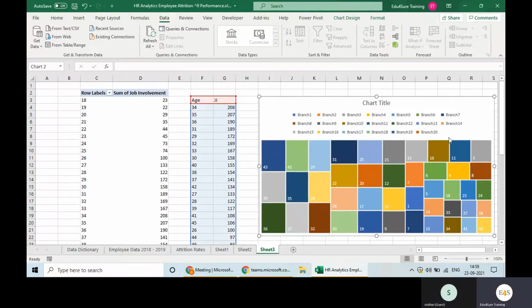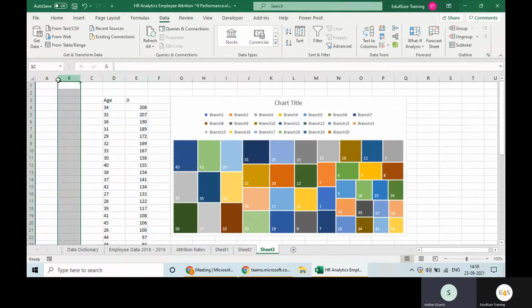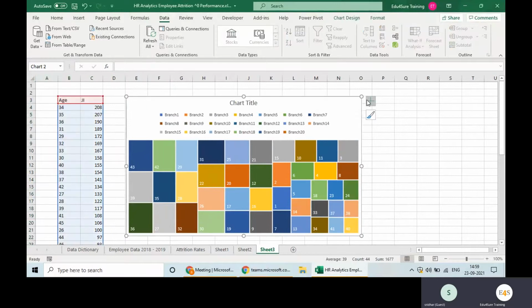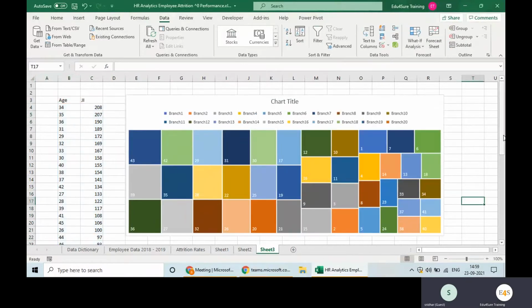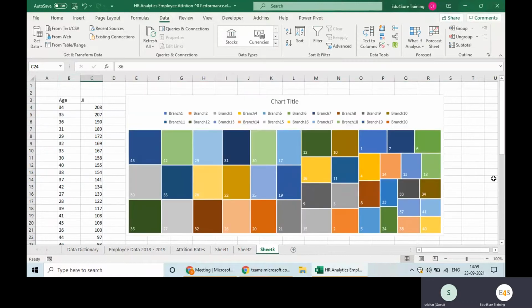We have 34 as the third from last, from left to right. Now see what we are getting here. Where we have 43 as age, you have to go down, 86. Then what is happening? Find it out.